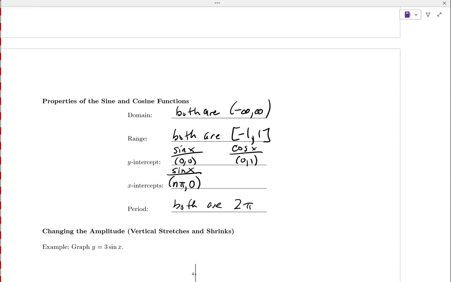What about for cosine? Where does it cross the x-axis? Pi over 2, where else? 3 pi over 2, 5 pi over 2, 7 pi over 2, negative pi over 2, negative 3 pi over 2, negative 5 pi over 2, and so on. Notice that they're all pi apart, right?